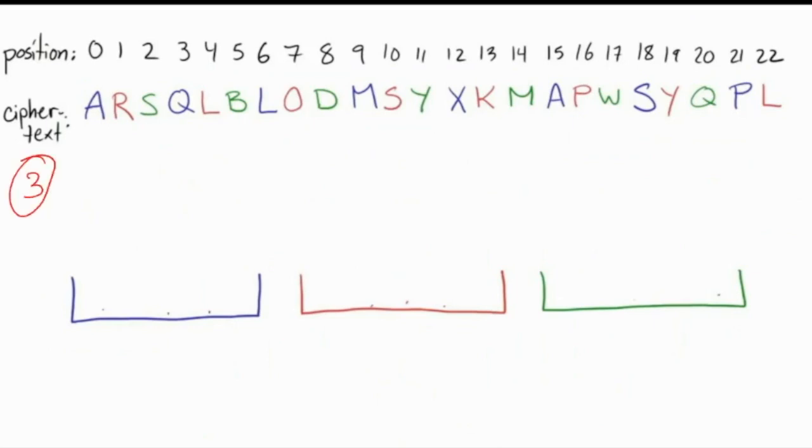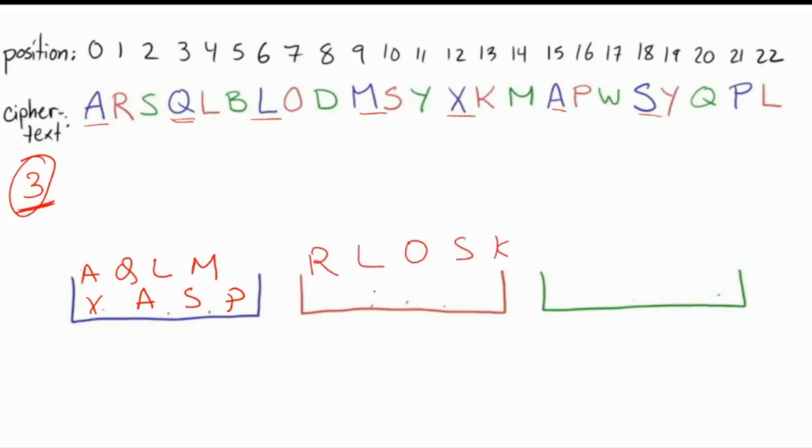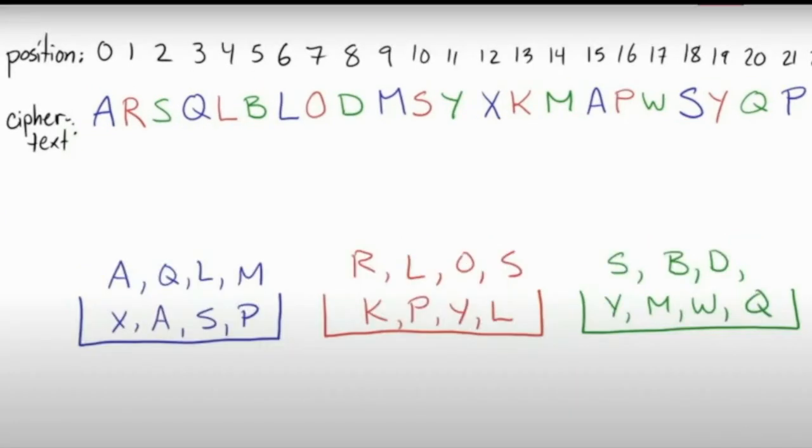We keep A, Q, L, M, X, A, S, P in one bucket, because if the period is 3, definitely all these are encrypted with the same letter. Same goes with R, L, O, S, K, P, Y, L, and same goes with S, P, G, Y, M, W, Q. We will break it in this manner.